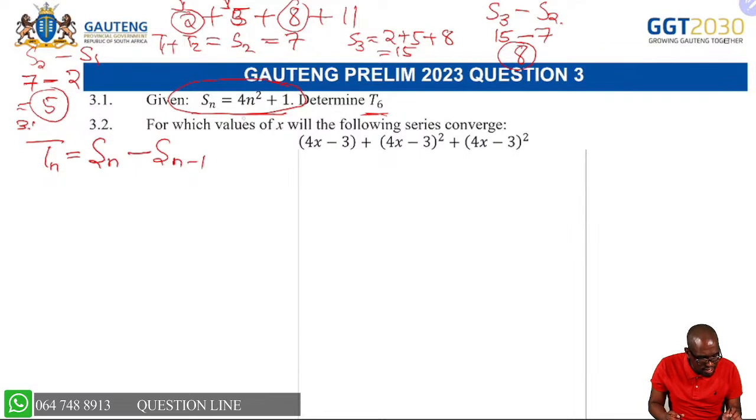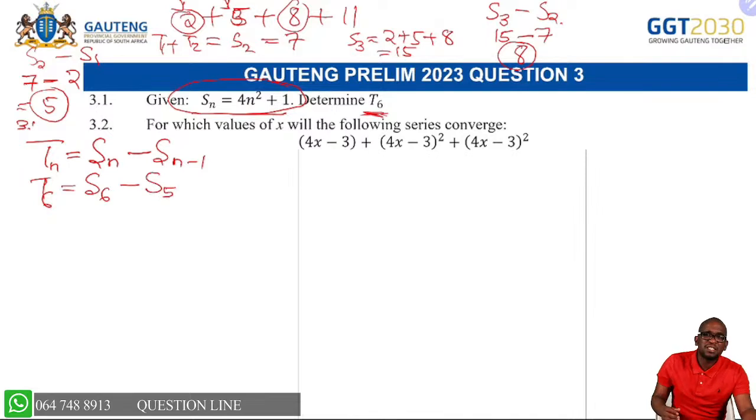So if you are given the sum to n terms, that's what you can do. They want T6 here, which means that T6 would be given by S6 minus S5. It is the sum of the n number of terms minus the sum of the preceding terms. So it would always be S5 minus S4, S6 minus S5. It's a conjecture that one can use.